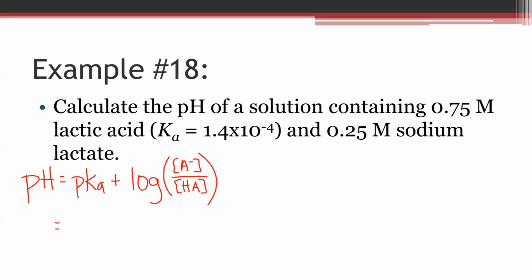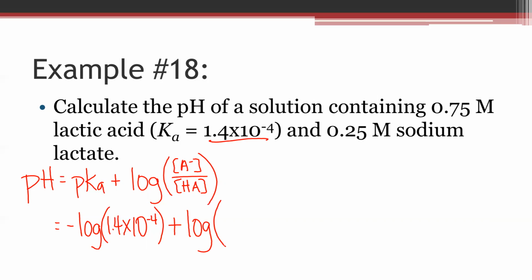So we're going to take the negative log of our given Ka value, 1.4 times 10 to the negative 4, plus the log of, and this is where the concentrations come in. The sodium lactate would be the conjugate base, that lactate part. So we'll put 0.25 on top over the acid concentration of 0.75.